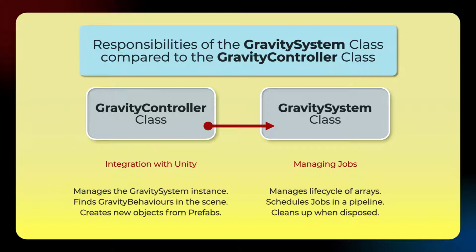So it creates the Gravity system instance and manages it, and then tells it, new frame, update Gravity system. So that's basically its role. Now let's have a look at the code and move on from there.